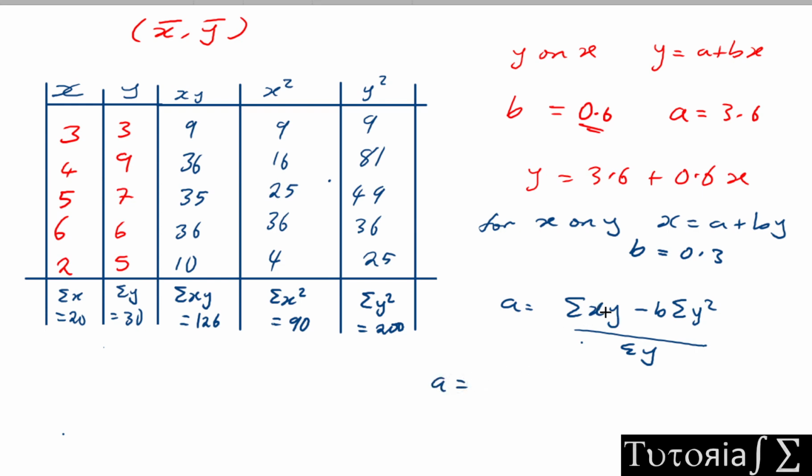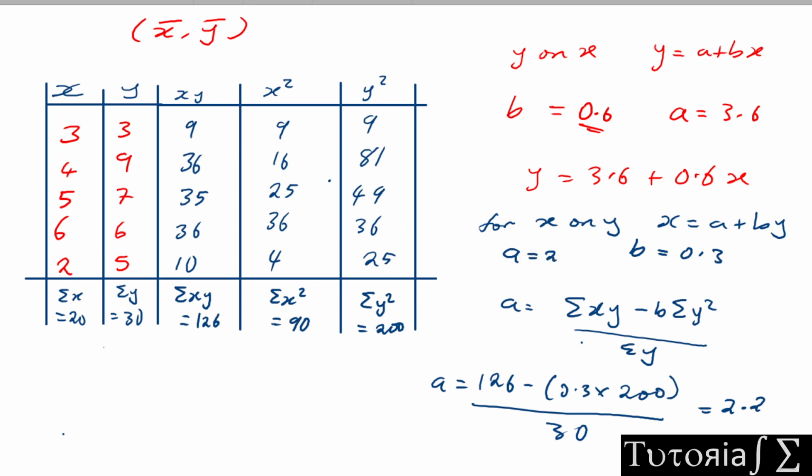Summation of xy is 126, minus b, which is 0.3, times summation of y squared, which is 200, then everything divided by summation of y, which is 30. Simplifying that, we get a as 2.2. So a is equal to 2.2.